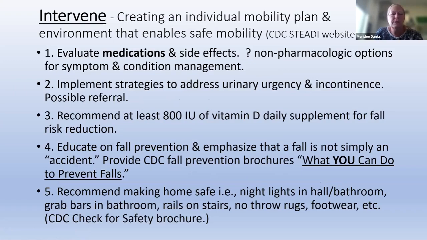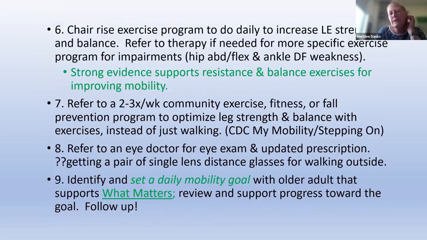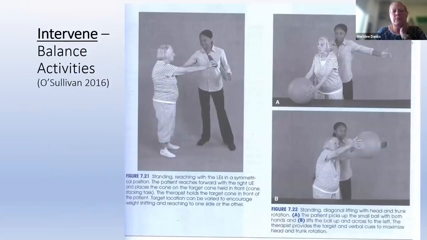So I'm just going to end with some information off of the STEADI website that in a larger font shows you recommendations that you can do. I think we've talked about a lot of these: environmental, intrinsic risk, and extrinsic risk factors that might occur.